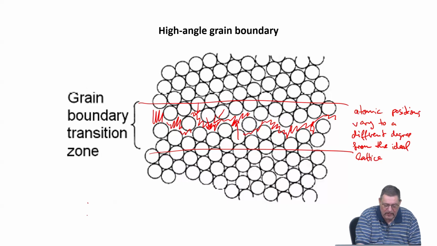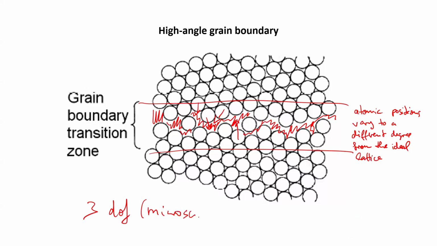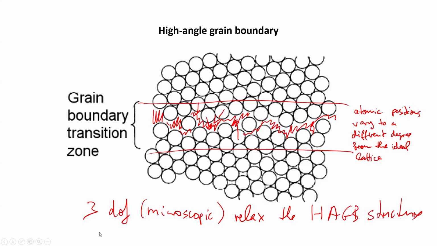And so the 3 degrees of freedom, which are microscopic, relax the high angle grain boundary structure and reduce excess volume.